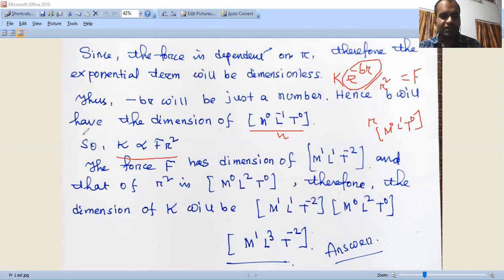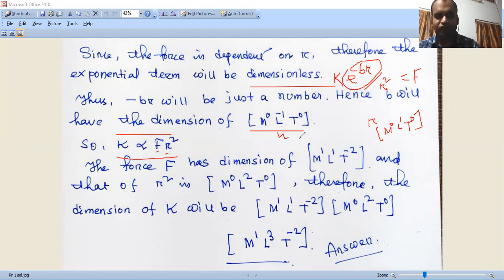What would be the dimension of the quantity K? Please note that e to the power minus BR, although it is included in the value of K, is a dimensionless quantity. Therefore, in order to calculate the dimension of K, we would just consider the dimensions of force and distance squared.